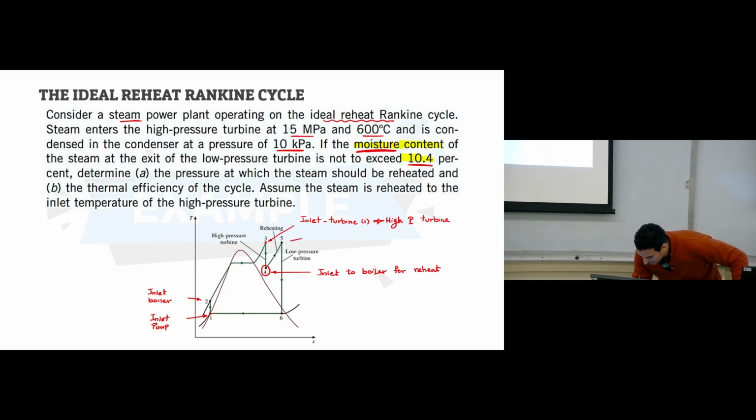Then point number 5, this is the inlet to the second turbine, which in this case is the low pressure turbine. And the last point, point number 6, this is the inlet to the condenser.